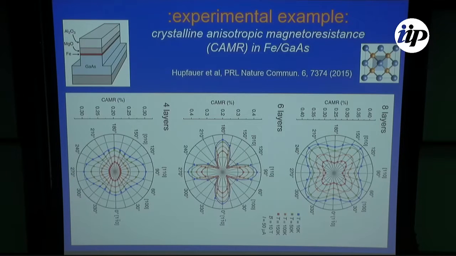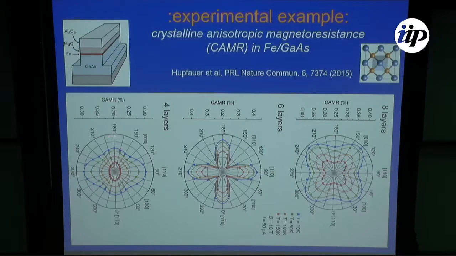We change the magnetization of iron in the plane of iron. If iron were four-fold symmetric, then this picture would be four-fold symmetric. It's two-fold symmetric because of the interface.